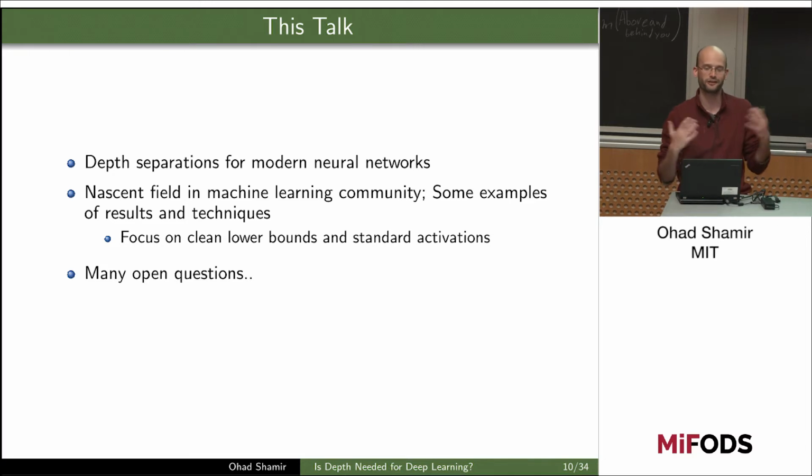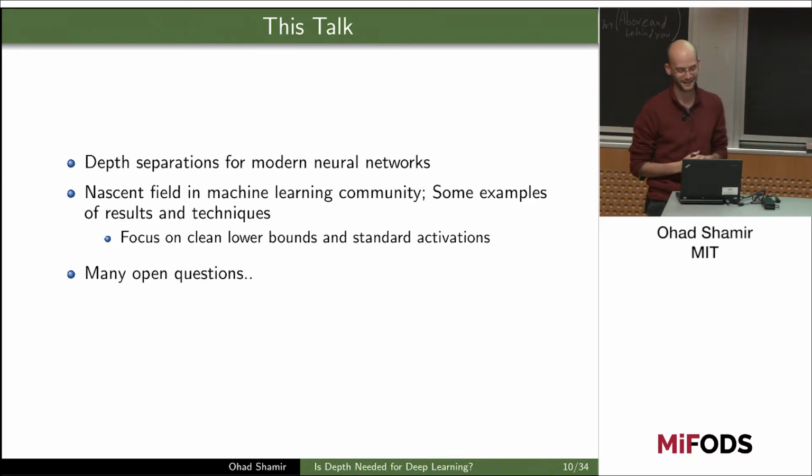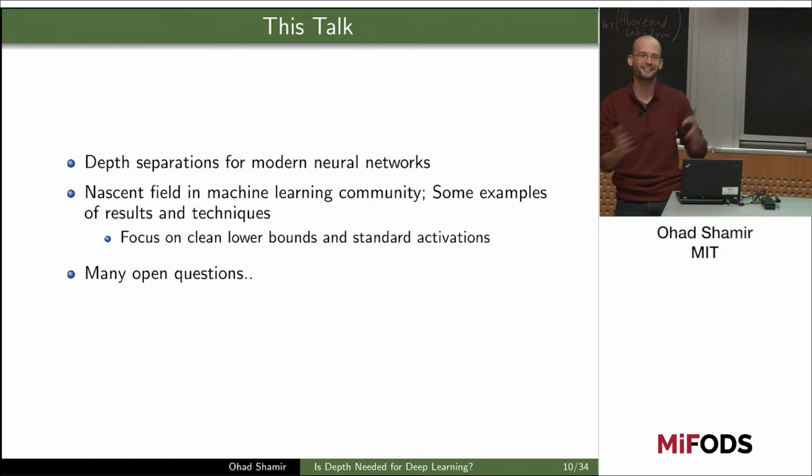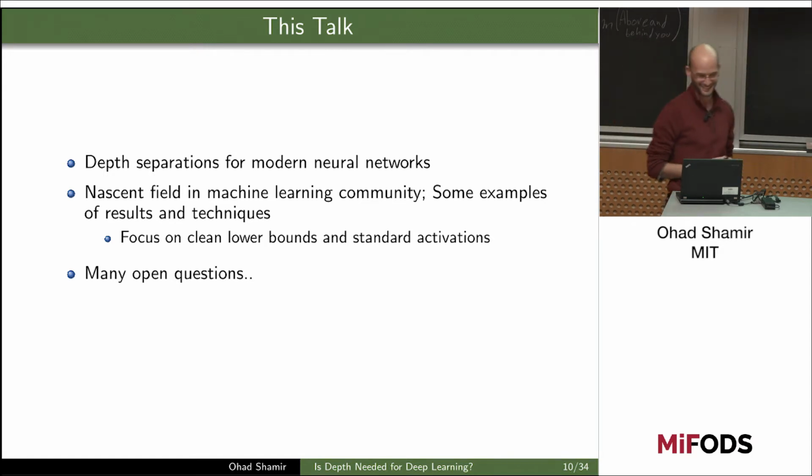I think there are many opportunities here to explore more connections between these two, because the questions are very similar. And there are many, many open questions here. So if you want to do circuit complexity, but tell your friends and funding agencies that you do deep learning, I think this is a good opportunity.